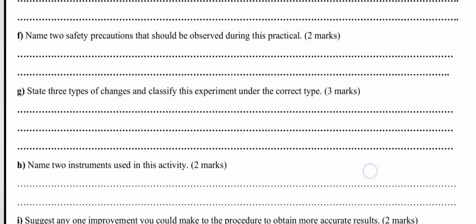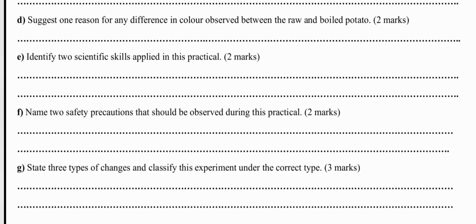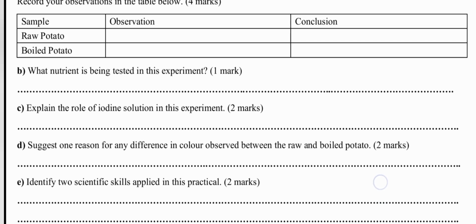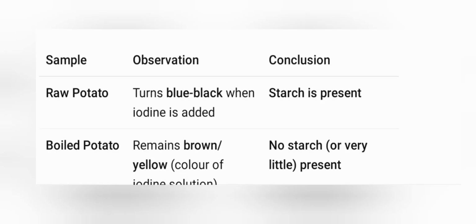So, I am going to provide the answers in case this one comes into your final exam. So first, we are testing the presence of starch in the potatoes, that is raw potato and the boiled potato. Observation: when the small piece of raw potato is added into test tube A containing iodine solution, the raw potato turns blue-black.